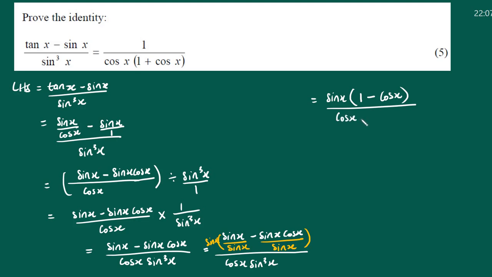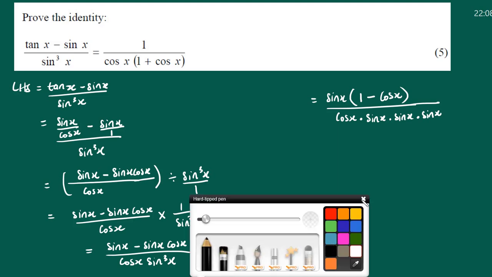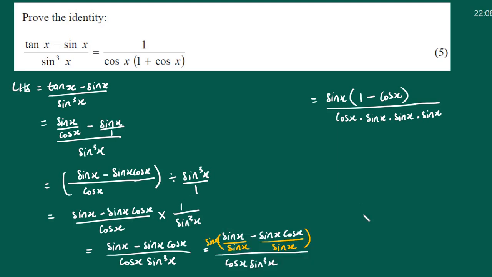Now, cos x, good people, sine cubed x. Let's remember that sine cubed x, I like to expand. It will be sine x times sine x times sine x. That is sine cubed x, isn't it? Why am I expanding? If I expand it, I will be able to cancel one of the sine, isn't it?